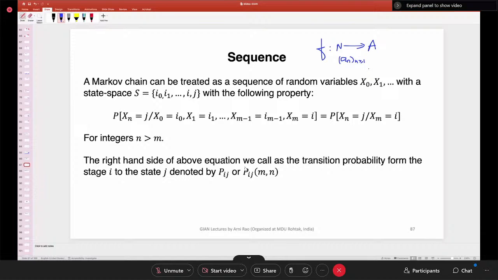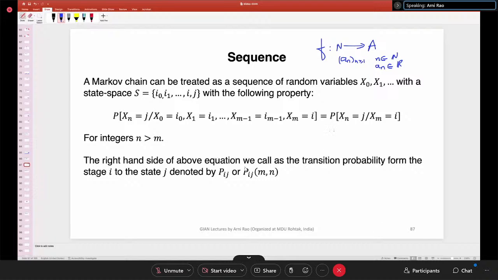When you write this, n is an integer, n belongs to the natural number set, whereas an is a real number. So a sequence is a real valued function whose domain is the natural number set. Similarly, the Markov chain is treated as a sequence of random variables.